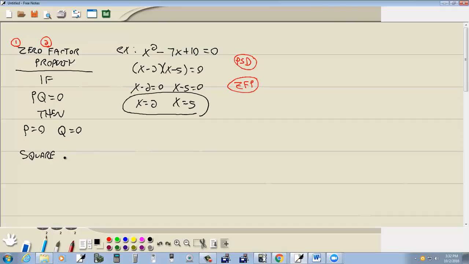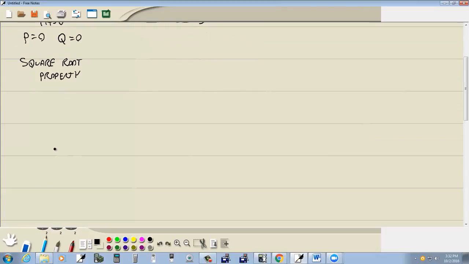Now our second technique we're going to look at is the square root property. Square root property says if you got something squared equal to something else, then you drop your squared and you put a plus or minus square root around the other side.